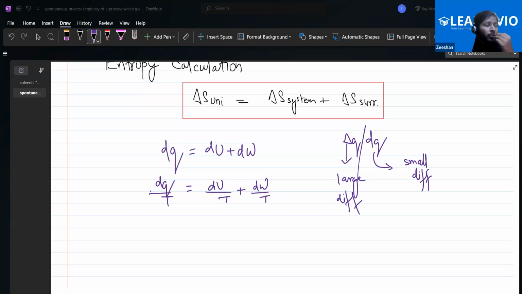So kindly relate all those things which we study. Otherwise you will have this much burden that I have a lot of formulas, where is the derivation, where to start, where to end.